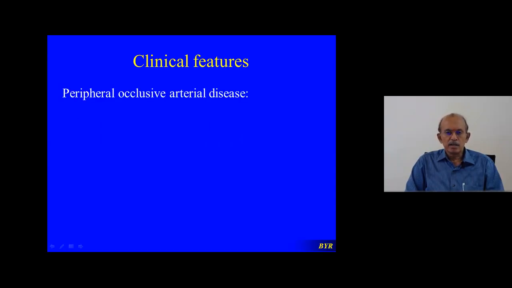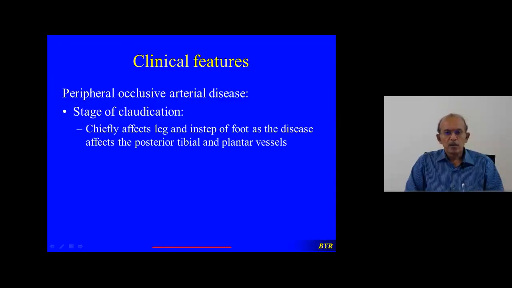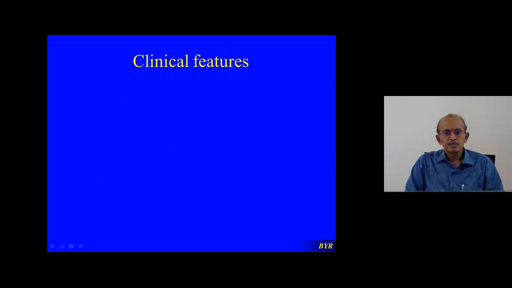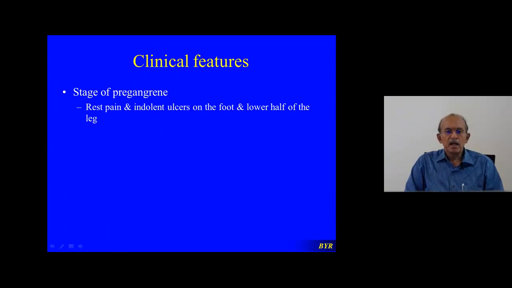Peripheral occlusive arterial disease, stage of claudication, chiefly affects the leg and instep of the foot, as the disease affects posterior tibial and plantar vessels. So the claudication pain will be there mainly in the leg and the foot. Stage of pregangrene: rest pain and indolent ulcers on the foot and lower half of the leg.